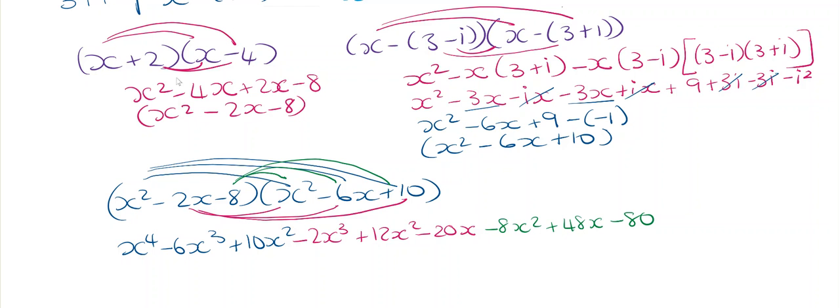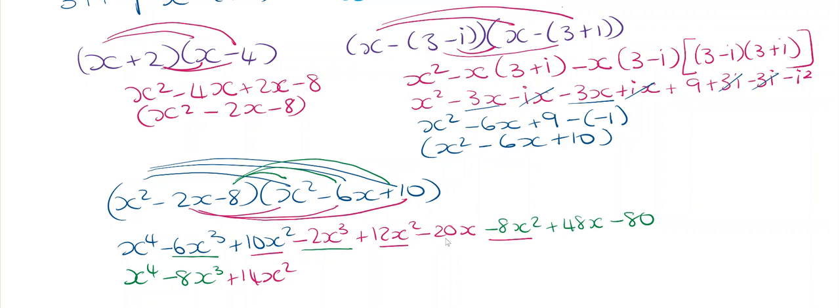So if we simplify the terms, we have just one x to the 4, and then we have a minus 6x cubed and a minus 2x cubed, so this is going to be minus 8x cubed. And then if we look at the squares, we have a 10x squared, a 12x squared, so that's 22, minus 8x squared, so that is going to be plus 14x squared.